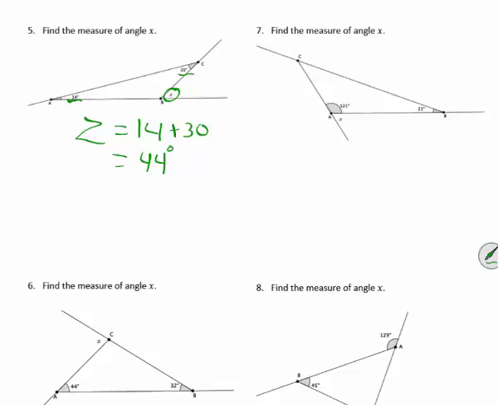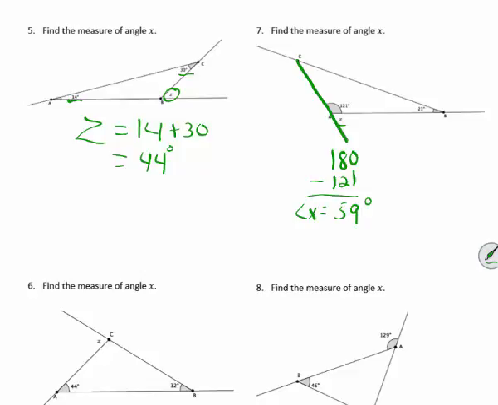Okay, let's try over here. Find the measure of angle X. Well, angle X is right here. This is a straight line. Straight lines are supplementary. They make 180 degrees. So I have to subtract the 121. This one's a little bit different. That should give me 59 degrees, angle X.